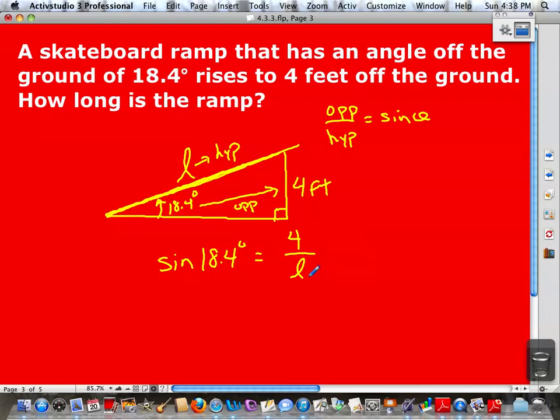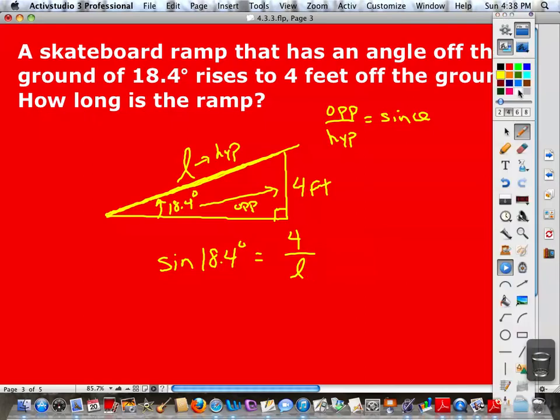So if we were to get rid of the division again, we would have to multiply both sides by L. So I'm going to show that. And what that does is it allows those two L's to divide out. And we have L times the sine of 18.4 degrees equals 4. Well, now how do I get the L to be isolated? I've got multiplication there.